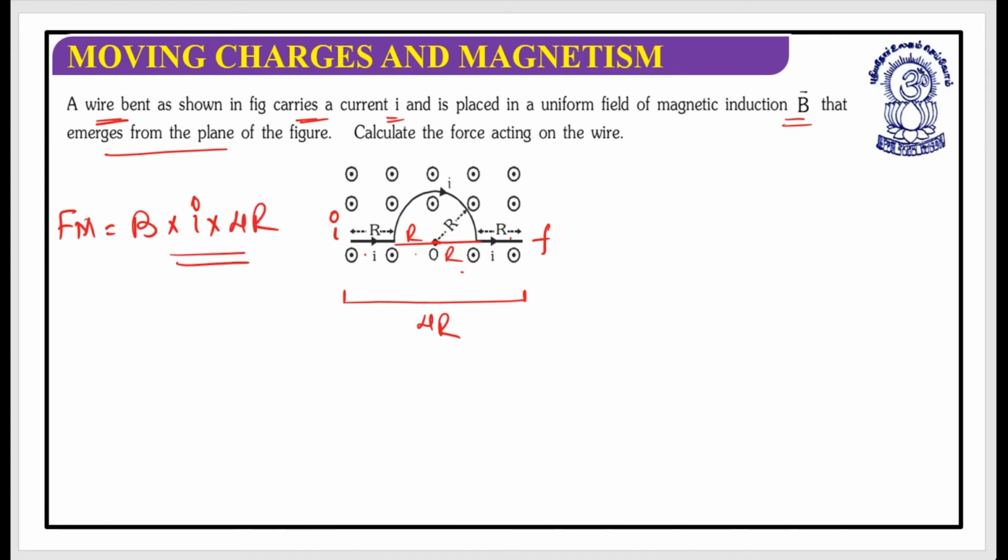Now the direction. This is the direction of the length element, but the magnetic field is outside the plane of the paper.